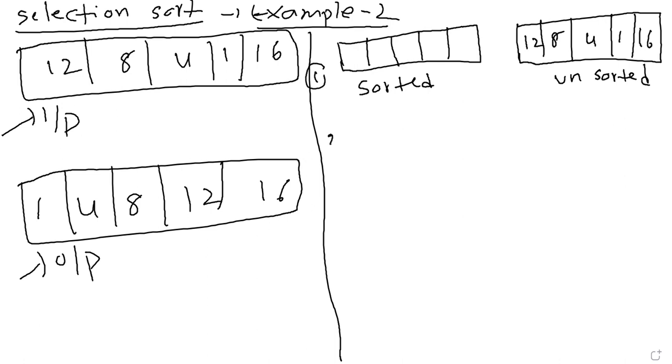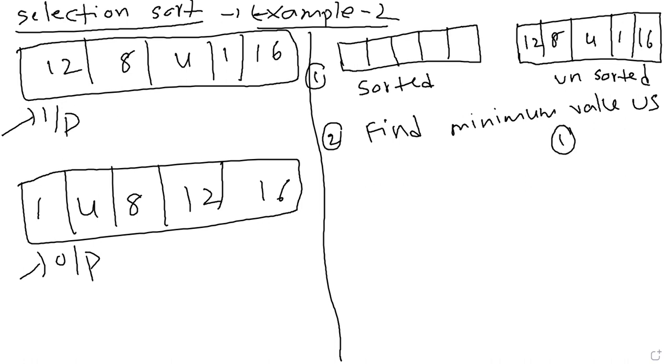Now what is my second step? Find the minimum value in the unsorted array. So the minimum value is 1.